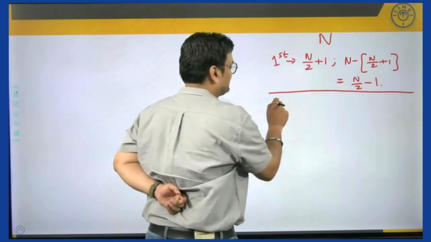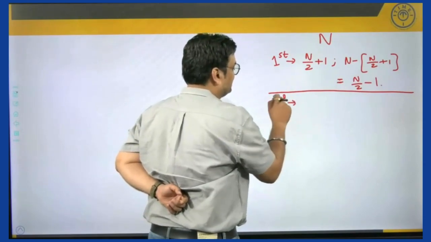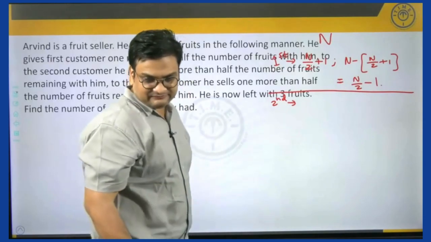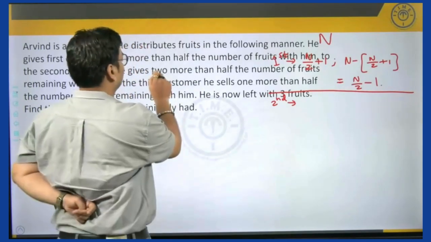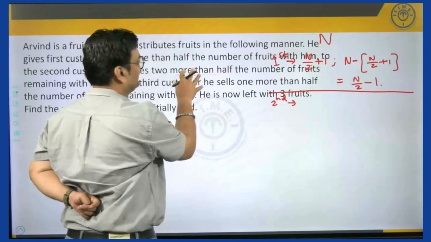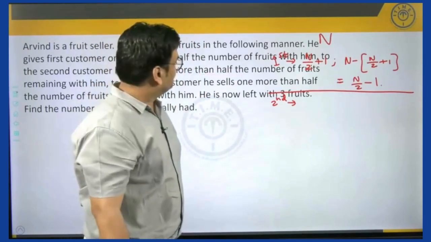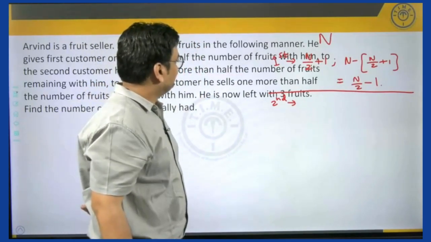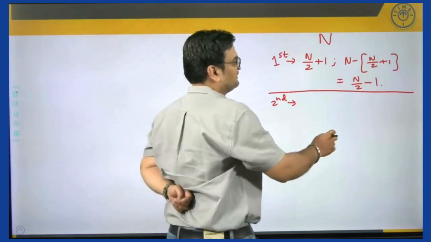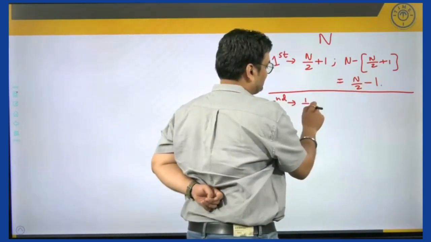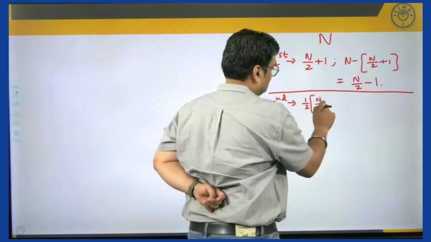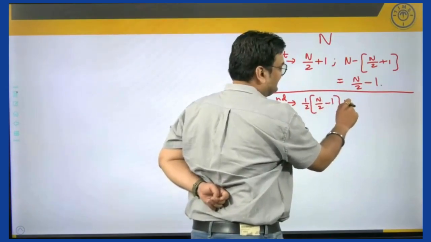Now, he sells to the second customer. As per the question, it was 2 more than half the number of fruits with him. Number of fruits remaining with him is n by 2 minus 1, so he would have sold half of this and 2 more than this.